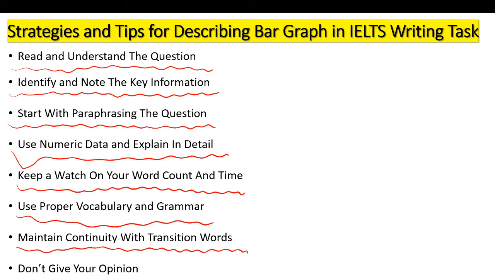You should have good knowledge of transition words, and don't give your opinion. Keep in mind that in IELTS Writing Task 1, you would not give your opinion. Your opinion is not being asked, so it is advised to all of you, kindly do not add your personal opinion in the bar graph, or in any IELTS graph. Your personal opinion is not required.